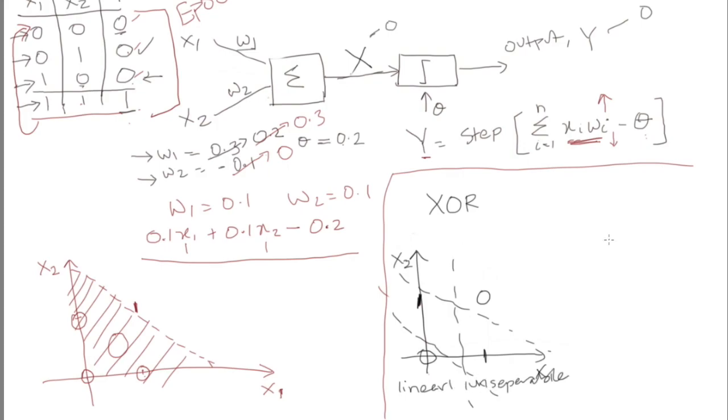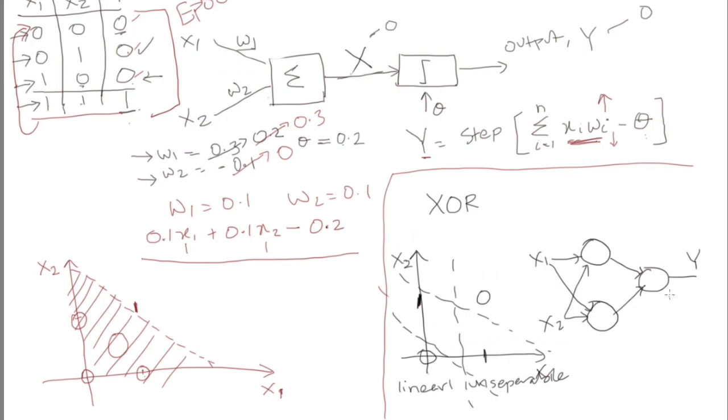The solution to this problem is to add more neurons to our network. So instead of a single perceptron, we can have two neurons, which takes two inputs as follows, and the outputs produced by these neurons goes into another neuron at the next layer, which then produces the final outcome y.